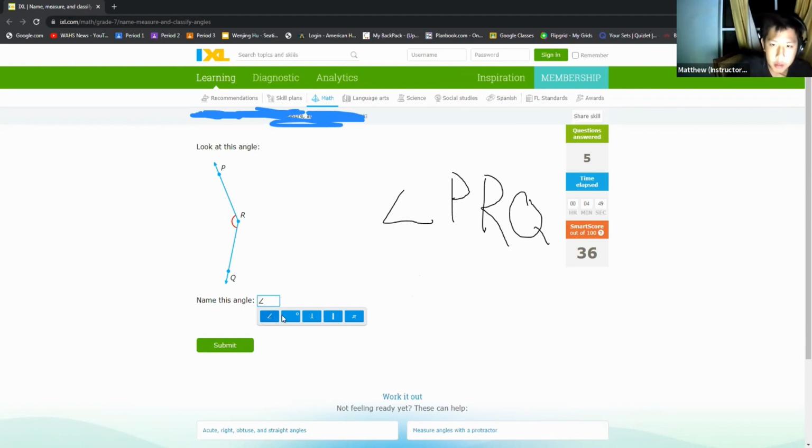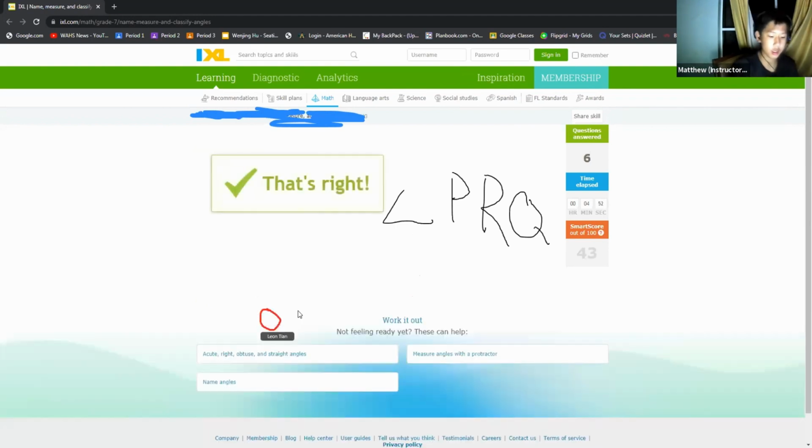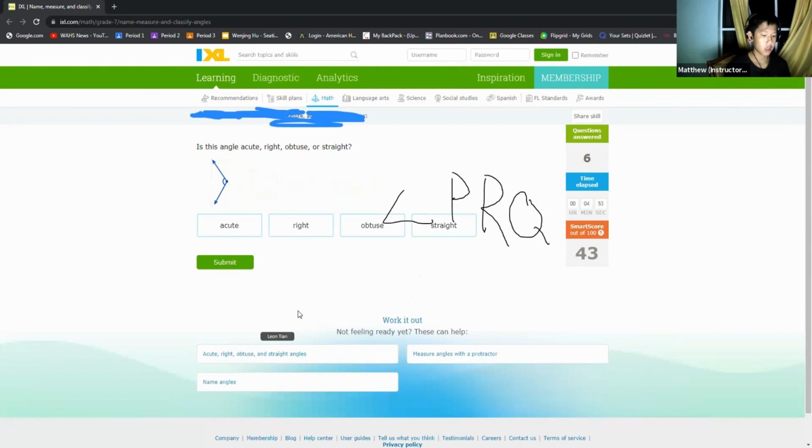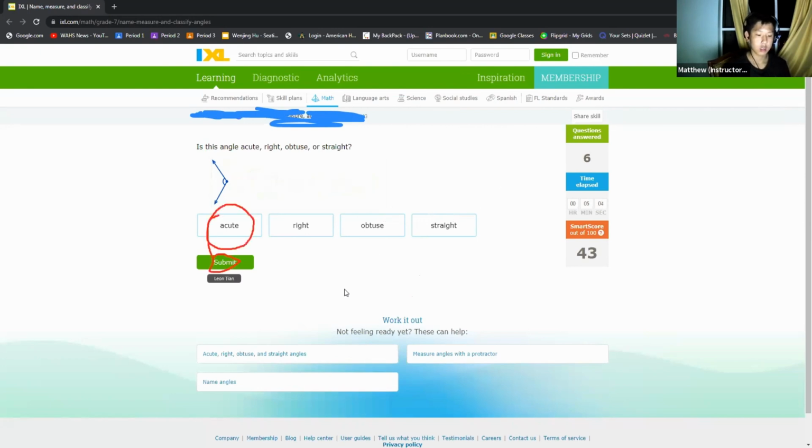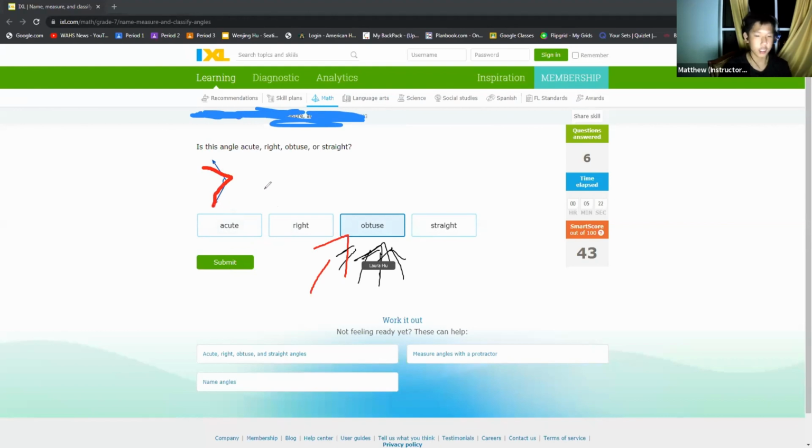But yeah, angle PRQ is like this. It looks like a straight line and a straight line.